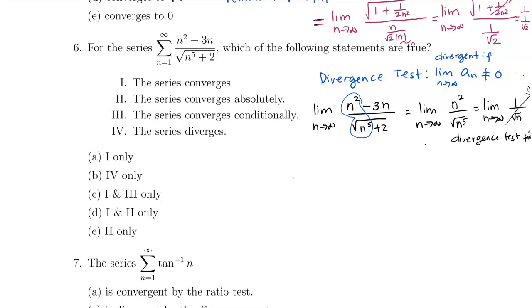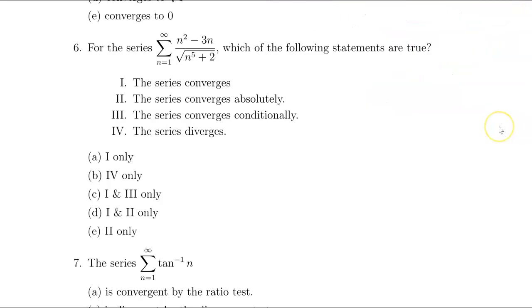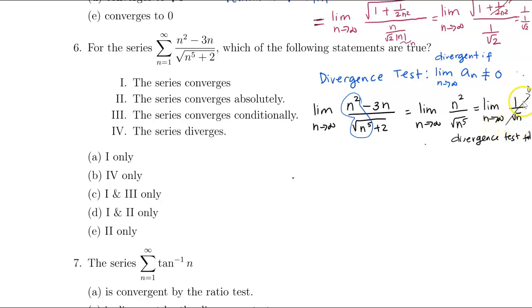If the divergence test fails, we cannot say that it is divergent. That means we have to use a different test. The good thing here is that when you simplify, you actually have an idea of which series you could compare this series to. So from here, it suggests that we can do a comparison test and compare it to the series 1 over square root of n.